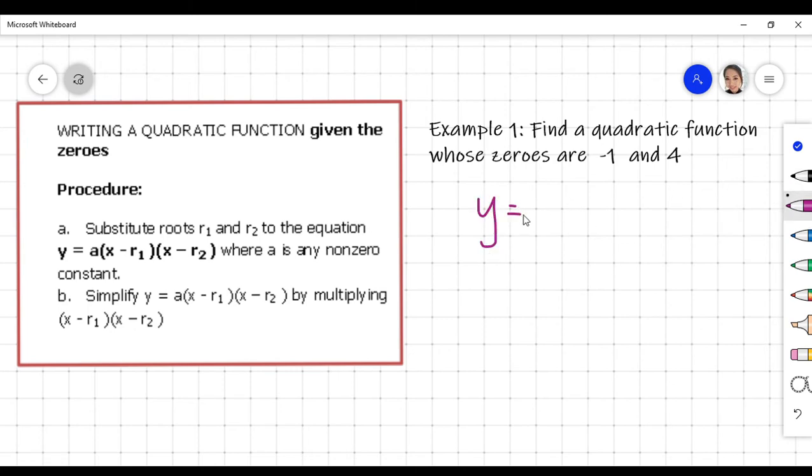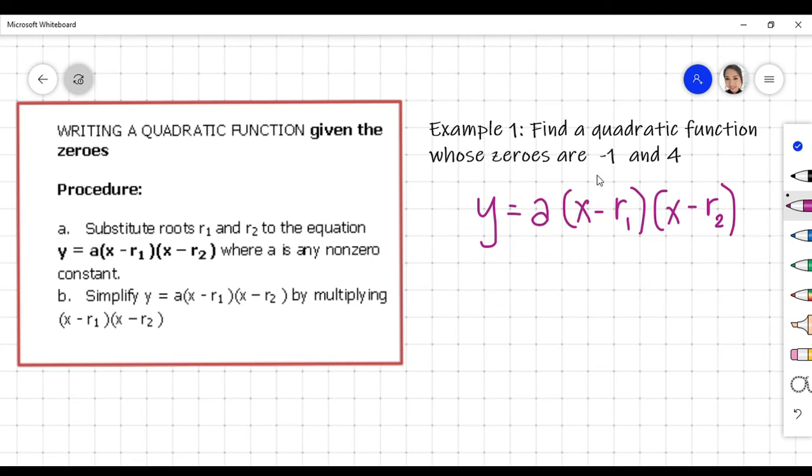y is equal to a times the binomial x minus r sub 1, or the first root, times x minus r sub 2, or our second root. So where a is any non-zero constant.